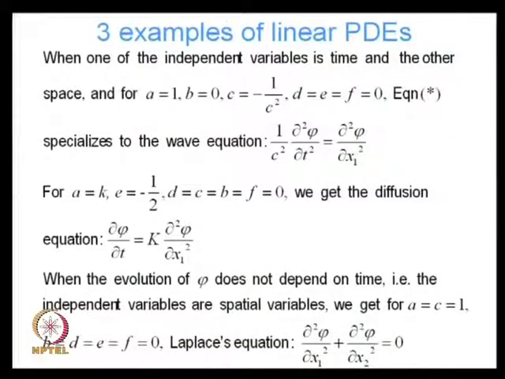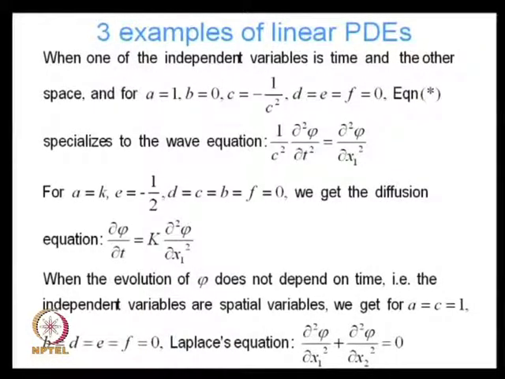So, these constants have the following values: A is equal to 1, B is equal to 0, C is equal to minus 1 by c square, which is a little cumbersome notation, but this c is very different from this C. This c is the wave speed. Since we are talking about the wave equation, I did not want to change the symbol because this is universal for wave speed.